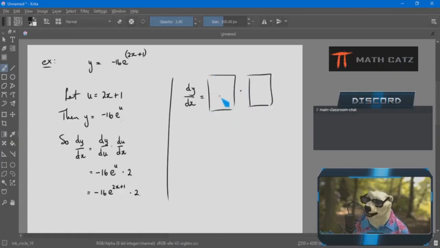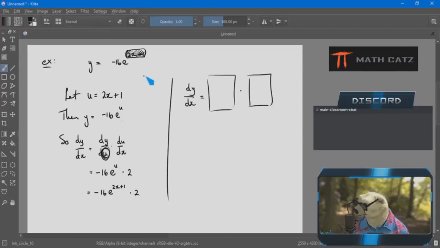The first part, I now am more comfortable, hopefully, and I know what it says, sort of casually in words. It's the derivative of the outside function with respect to the inside function as if it's one variable. So for the purposes of the first part of the chain rule, I don't look at the detail of the inside function.